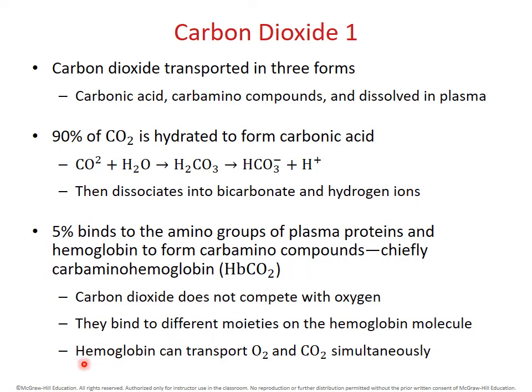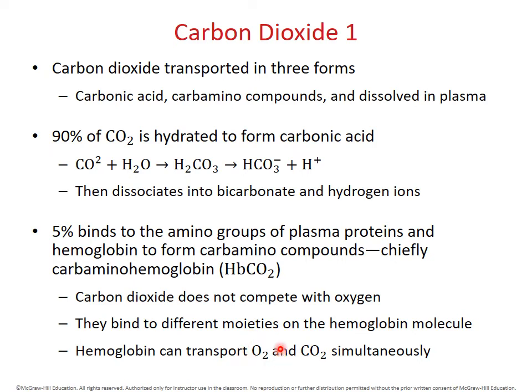All right, and notice down here, hemoglobin can transport oxygen and carbon dioxide simultaneously. So, as I said earlier, unlike the situation with carbon monoxide, theoretically it's possible for a hemoglobin molecule to have oxygen and carbon dioxide on it at the same time. However, it's not common for the hemoglobin molecule to carry both.